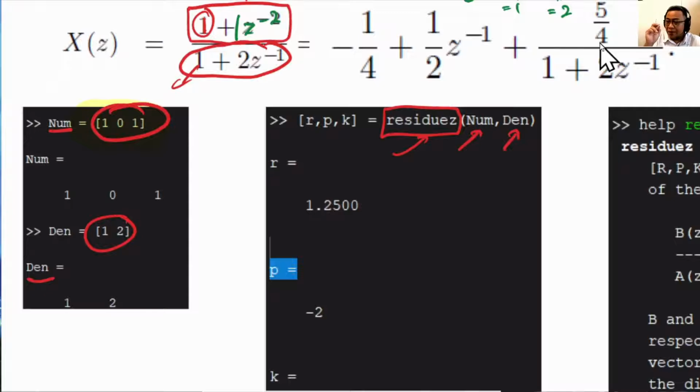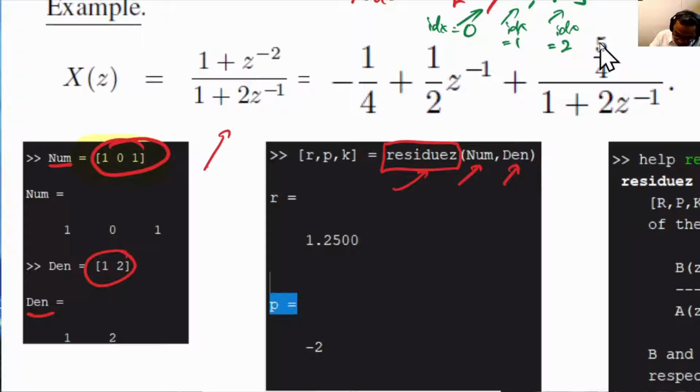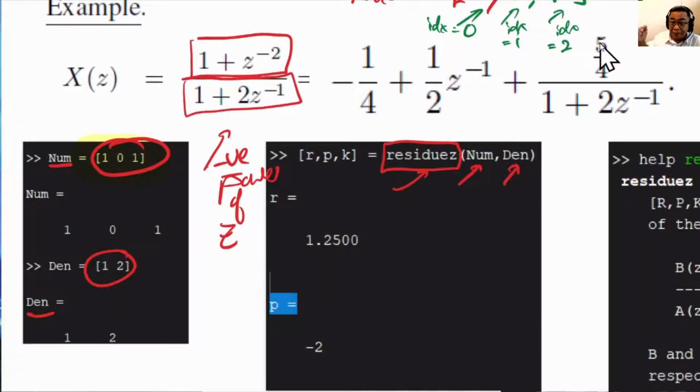There's no z there. Here, why am I using residuez? In residuez, I must have the expression in negative powers of z. So it must be in this form, while in the Laplace, it was in positive powers of s. So there is a slight difference here.